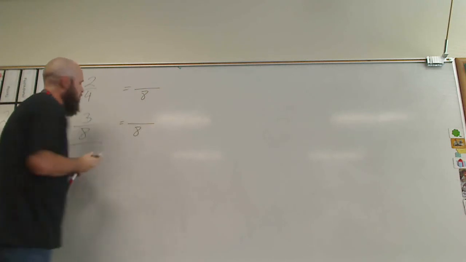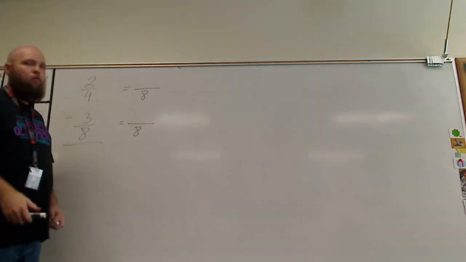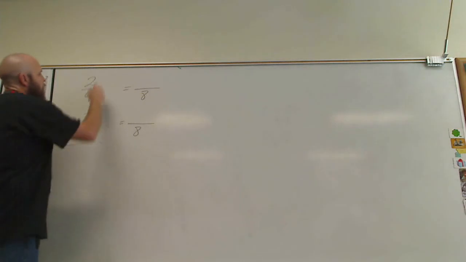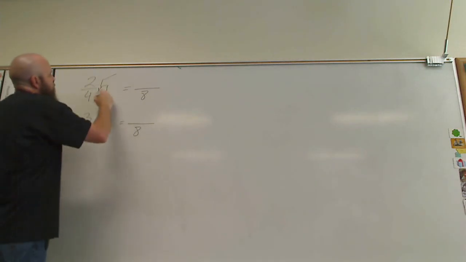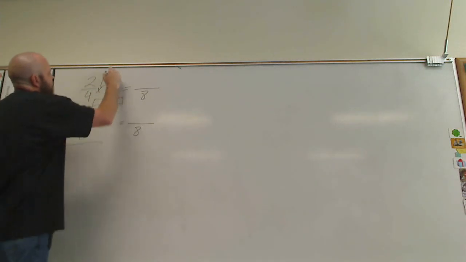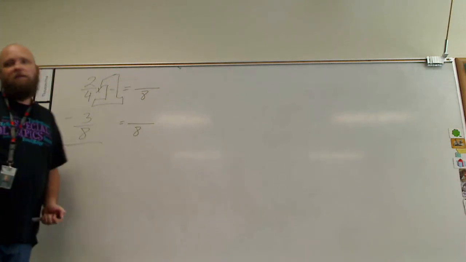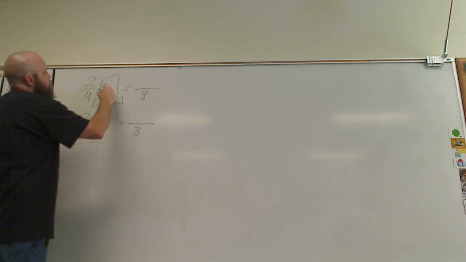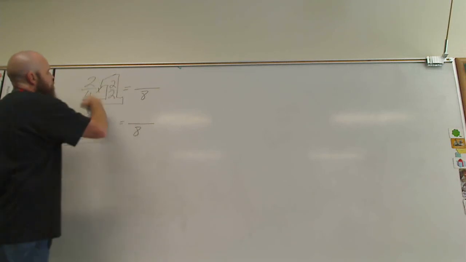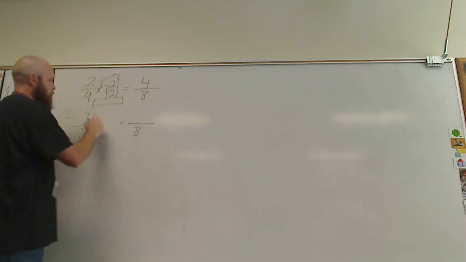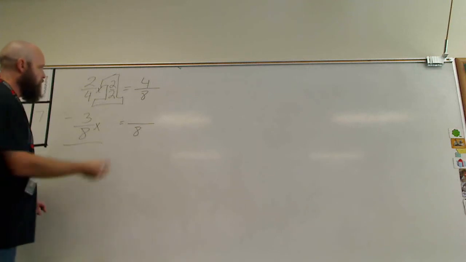We're going to change that to 8. Then we got to multiply, because we're making the denominator bigger. We're not making the fraction bigger, we're just making the fraction written with greater numbers but the same value. 4 times 2 is 8, 2 times 2 is 4. We multiply this by 1.